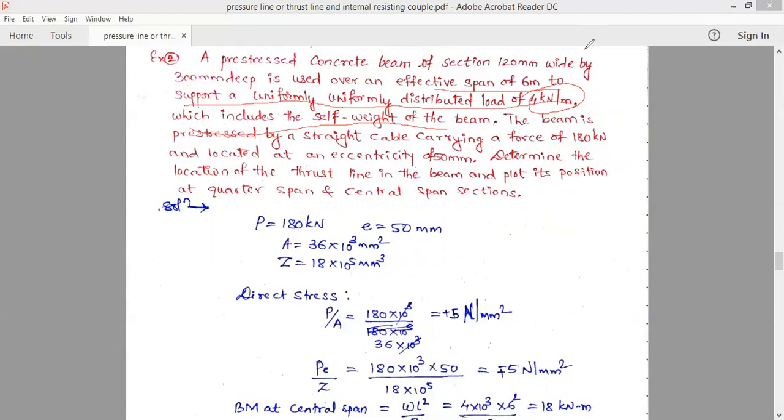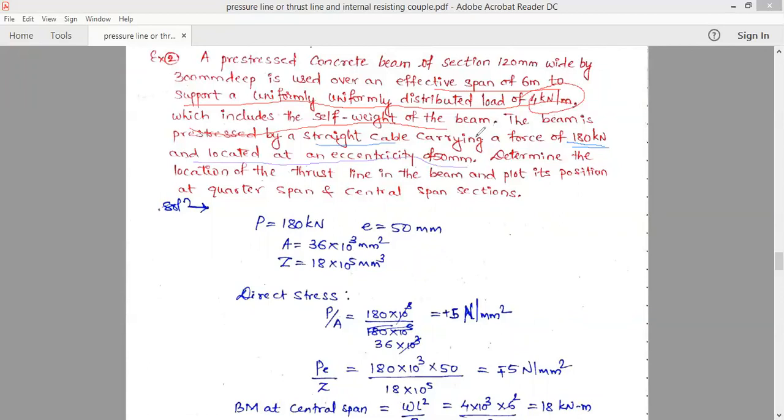The beam, with the given cross section 120 mm by 300 mm deep, is carrying straight cables, and these cables carry a force of 180 kilonewton, located at an eccentricity of 50 mm.